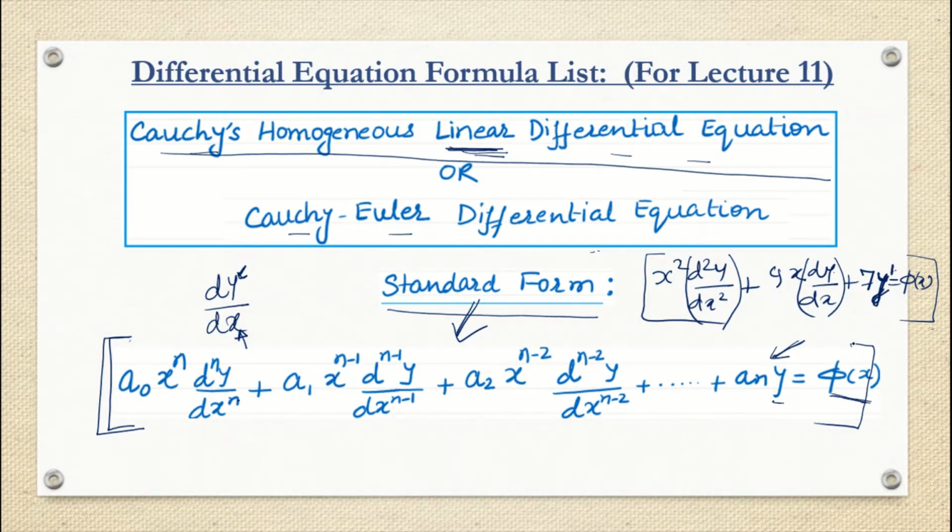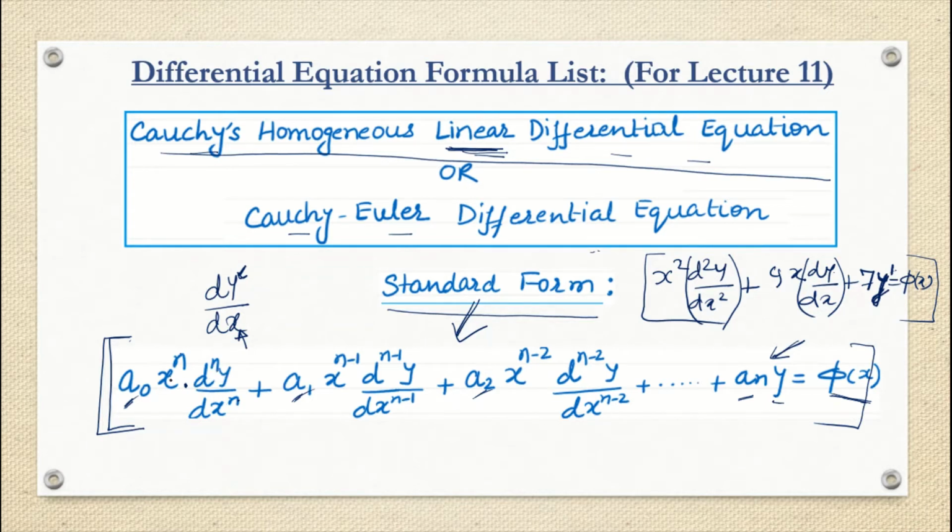Now come to the left hand side. This type of linear differential equation has constant coefficients, that is okay. But along with the constant coefficients, in each and every term the power of x is multiplying with the derivative of y of the same order.